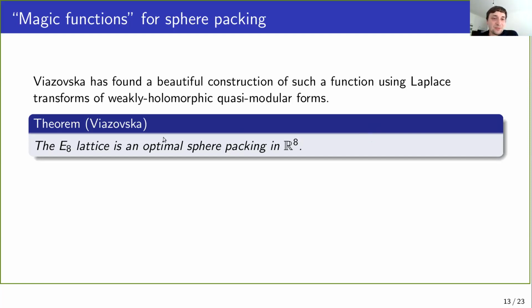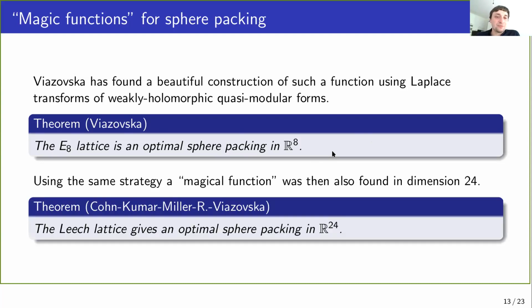And then the theorem was actually, because of the previous theorem by Cohn and Elkies, she also obtained the fact that the E8 lattice is the optimal sphere packing in R8. And shortly after that, of course, we found the analogous function in dimension 24, using the same strategy. Again, as a Laplace transform of a weakly holomorphic quasi-modular form.